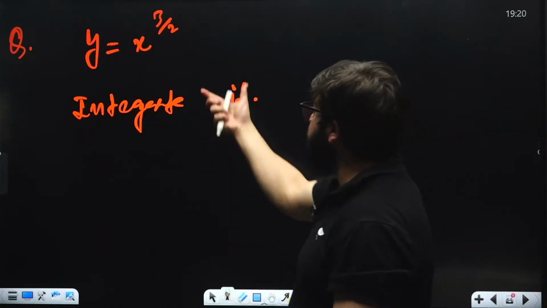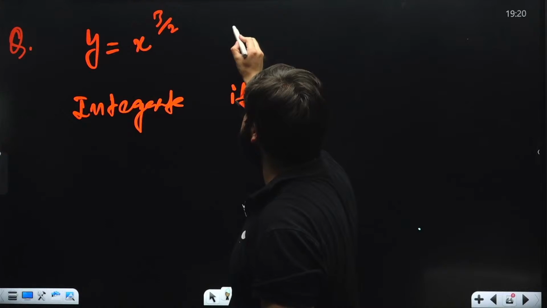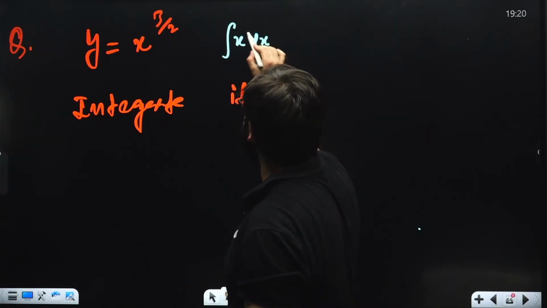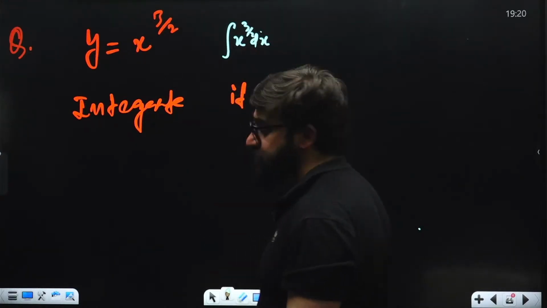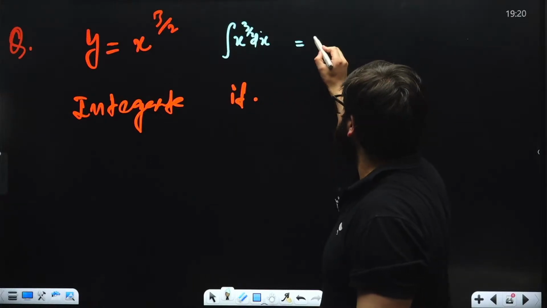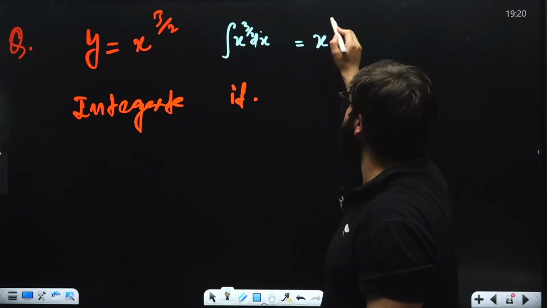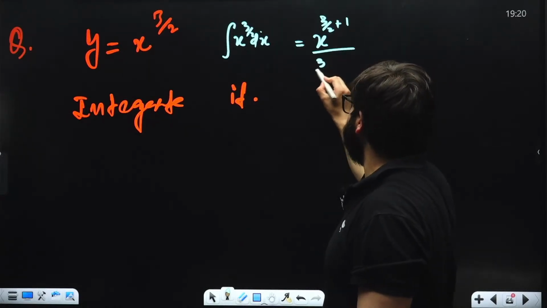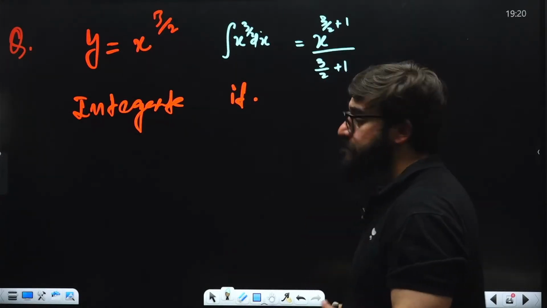In this particular case, you are supposed to find the integration of x times x raised to the power 3 by 2 dx. How do we integrate this? It will be x raised to the power 3 by 2 plus 1, upon 3 by 2 plus 1.